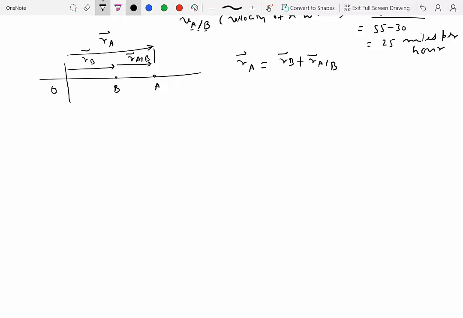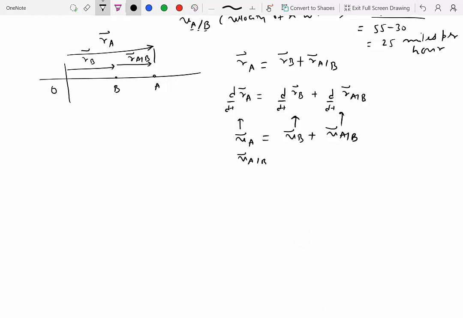If you differentiate this equation once, what do you get? d/dt of RA equals d/dt of RB plus d/dt of R of A with respect to B. And what is this quantity? This quantity is velocity of A, this quantity is velocity of B, plus this quantity is velocity of A with respect to B. So it turns out that we have a very simple formula for computing the velocity.